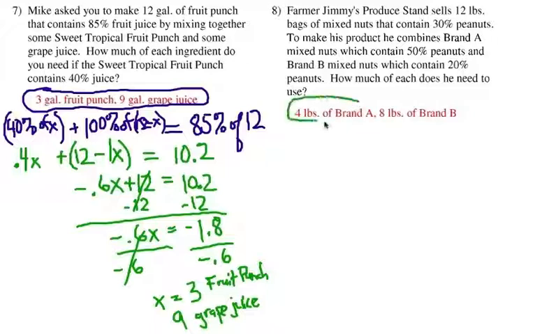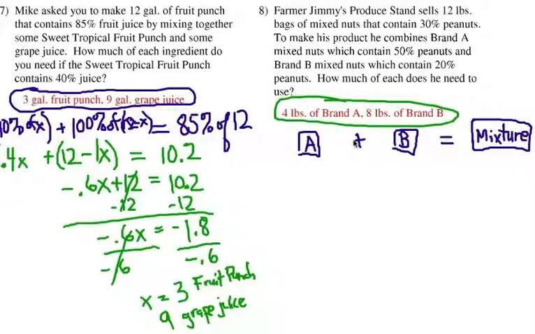Here's the answer, and here's how you'd work this out. Let's call brand A 50%. It's 50% peanuts, and we don't know how much it is. So 50% of X.